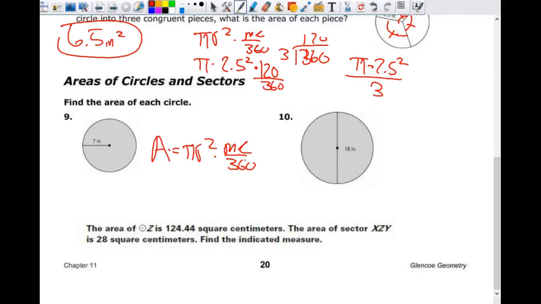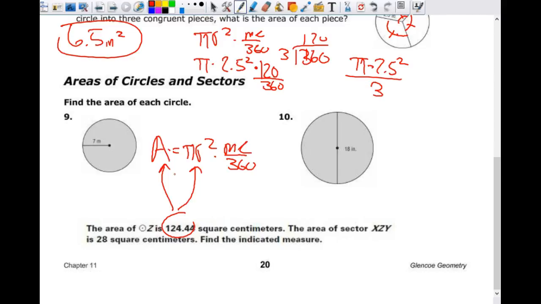We know the area of this circle is 124.44. Is that going to go here, or here? The A actually stands for area of sector. This is the area of circle formula. What's the area of circle formula? Pi r squared, right? So this is going to replace pi r squared.